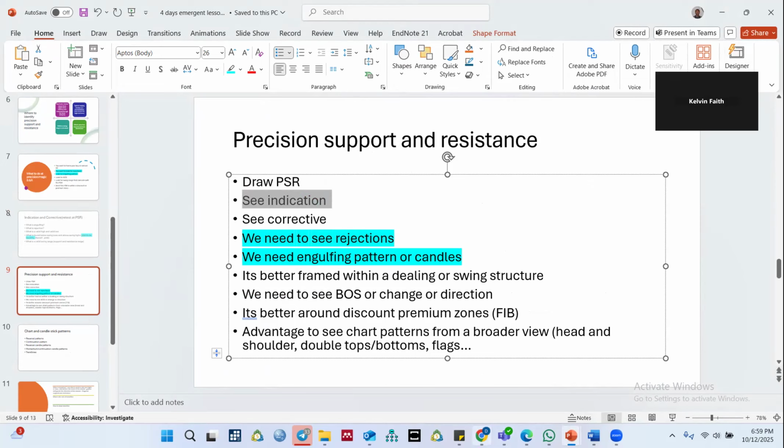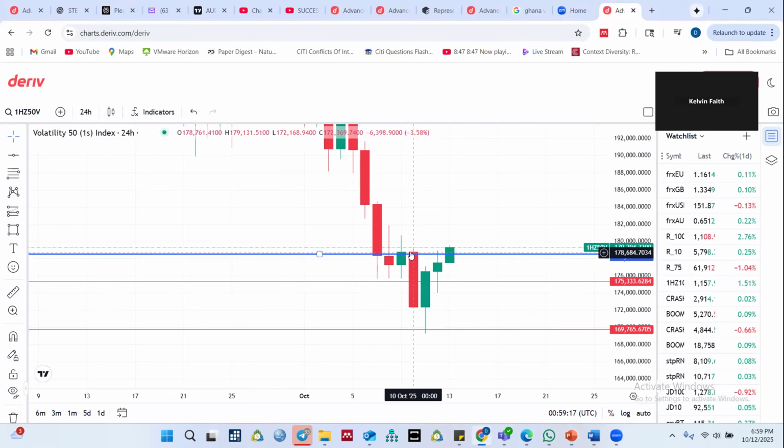In this case, we have an indication that sellers want to take charge below the blue line and the red line. At the same time, we have the first indication that buyers want to take charge above the red line. And currently, we are looking at how this daily candle can give us an indication that buyers are in charge above the blue line.